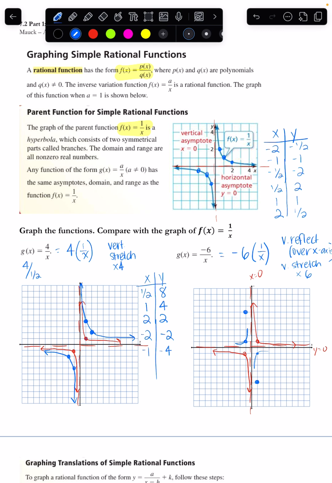Let's make an XY chart to double check. Squeeze that in right here. We're going to use our same key values. If I put a -1 into this function, -6 over -1 is going to get me +6. That is where I ended up there. Let's do a -2.